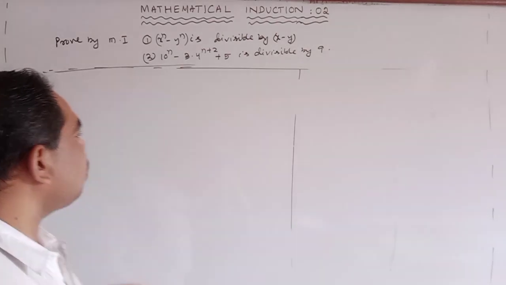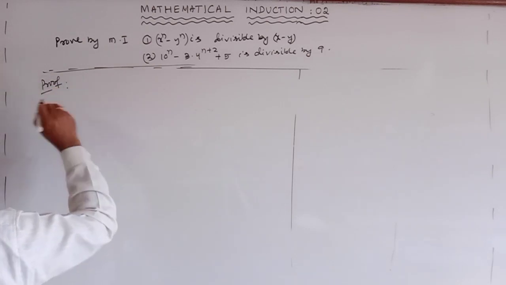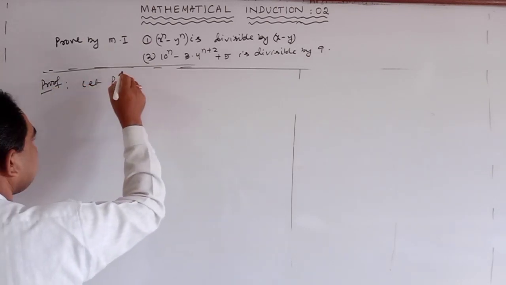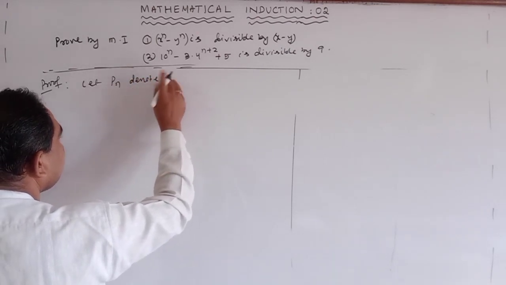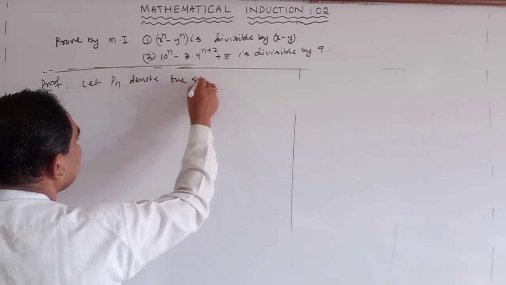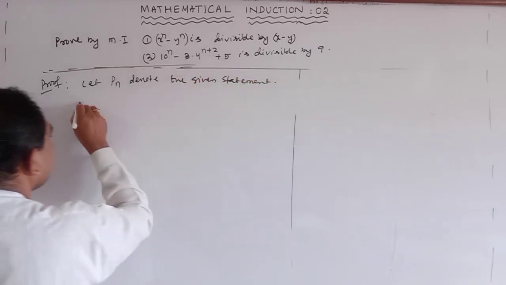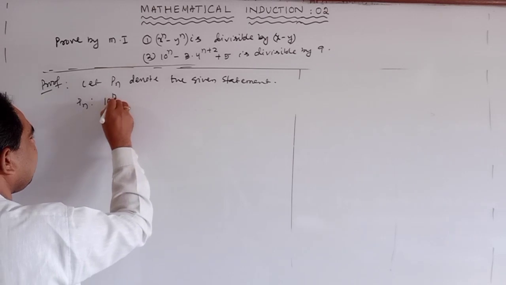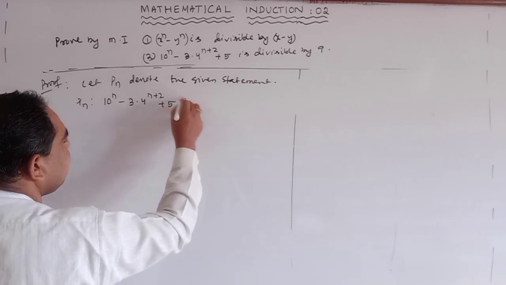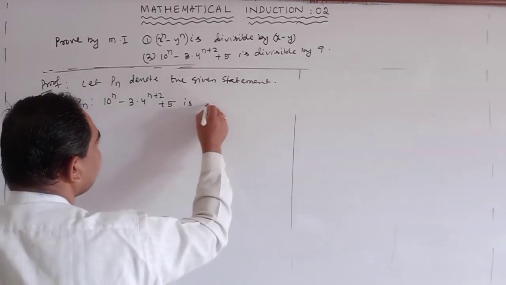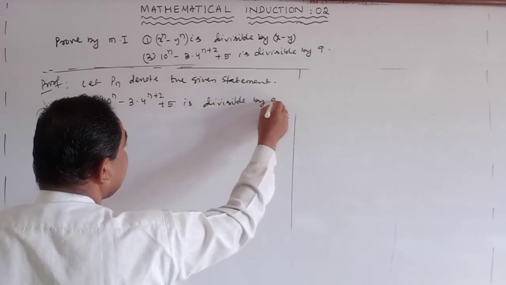Next, this is question number 2, proof of question number 2. Let Pn denote the given statement, that is Pn such that 10 to power n minus 3 into 4 to power n plus 2, plus 5, is divisible by 9.